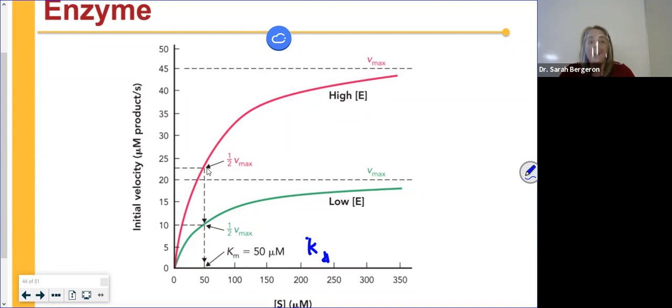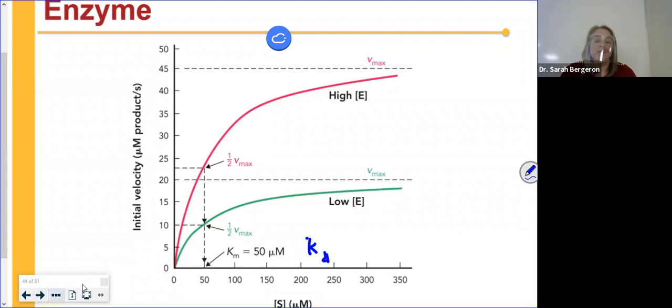And that is why this is a constant, because the dissociation of the substrate from the enzyme substrate complex is going to be consistent, right? Because that has to do with the enzyme itself. If you have a different enzyme, then you're probably going to have a different Km, right?